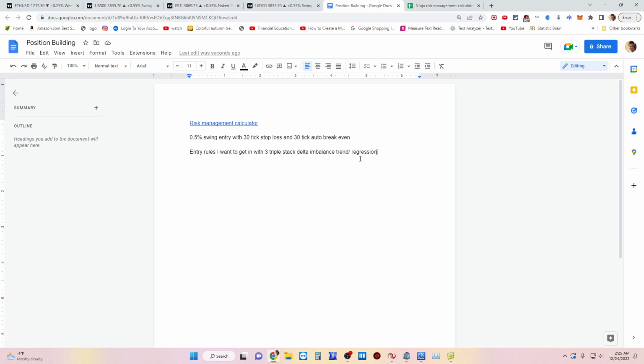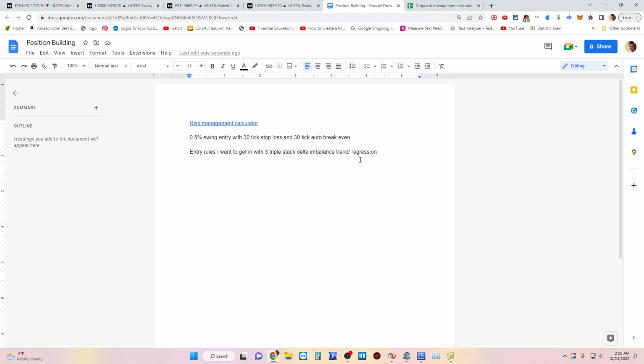And the whole idea with this first entry, it's half of 1%, and it's a really wide stop loss, and it's a really long time before auto break even, is kind of like testing the waters to validate your thesis, if your entry is valid, and it's the green light to build a position.